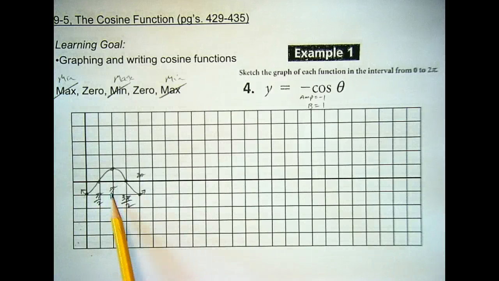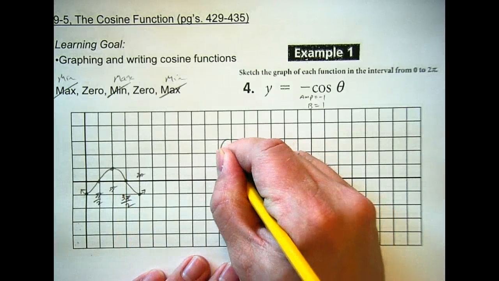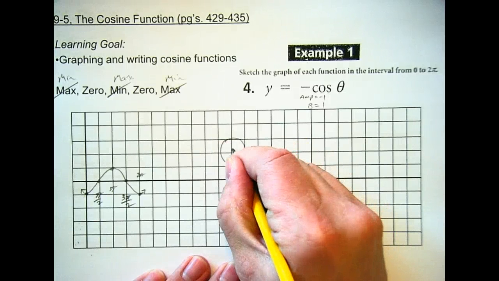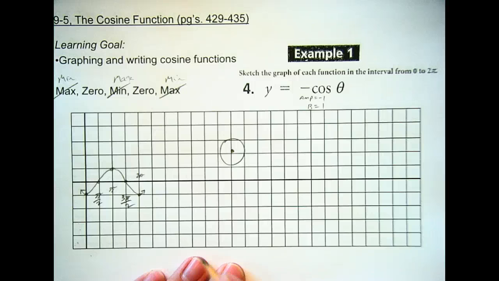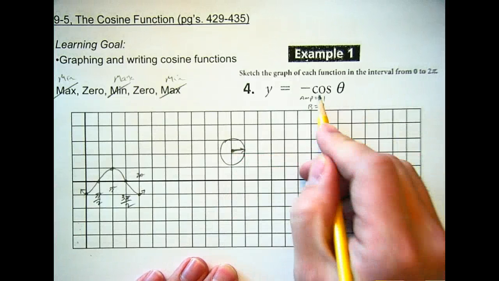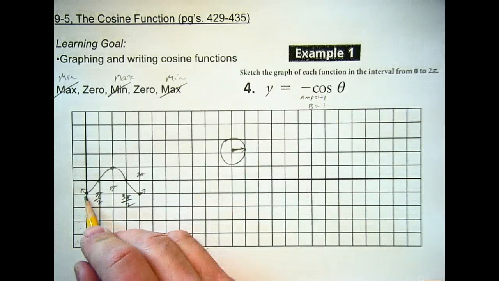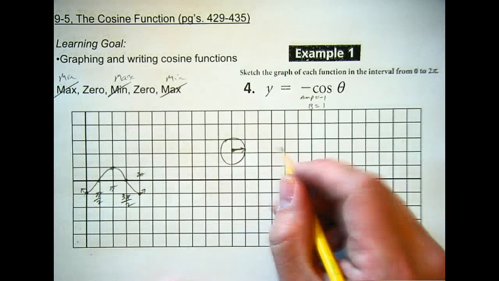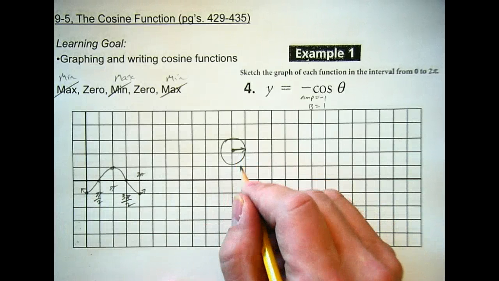So, hey, what this means, you guys remember the unit circle again? Let's sit and admire that circle for a second. Hey, if I'm going negative cos, and my first point is at -1 for cosine, remember x is -1, right?